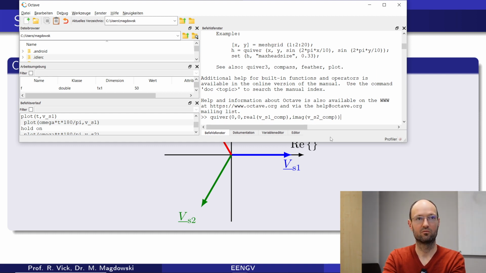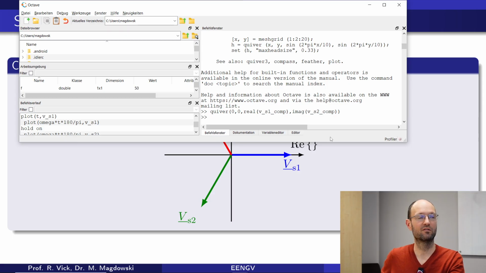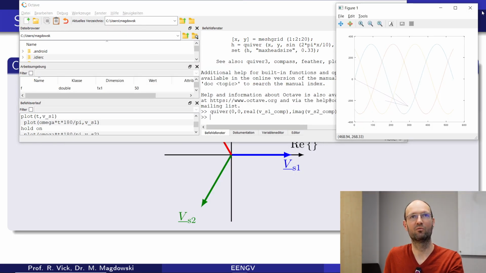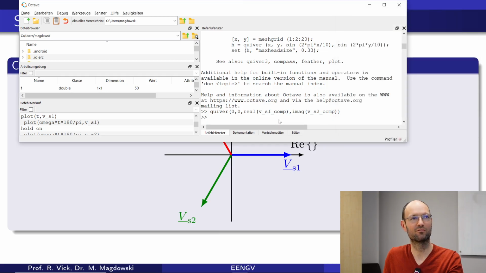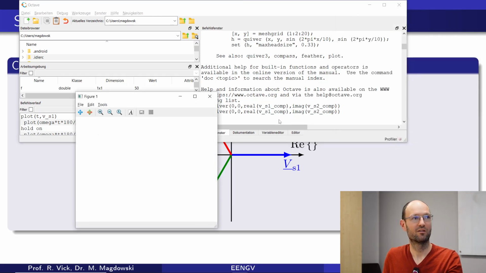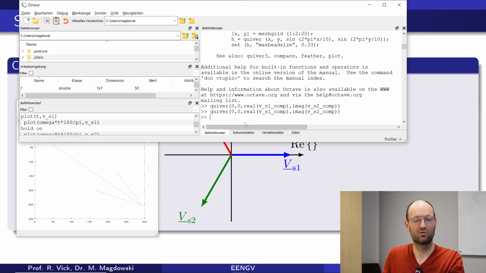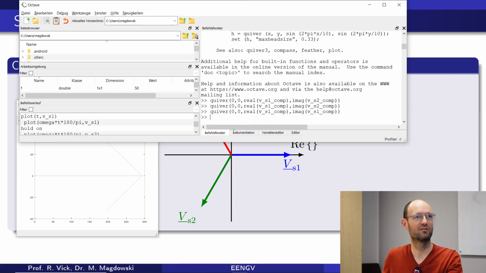So I need to have another closing parenthesis, and there should be our plot. Okay, we still have hold on, which is not a good idea in this case. So should they both be the same number? And they should have the same number, of course. Talking and writing sometimes is difficult. Yeah, and this now also makes sense. We have some horizontal phasor pointing in this direction.